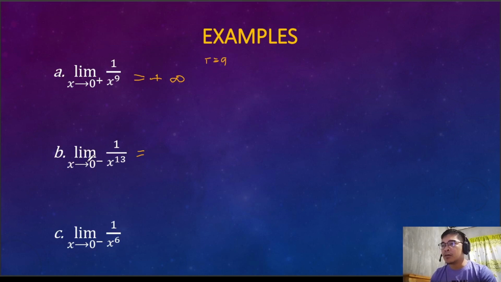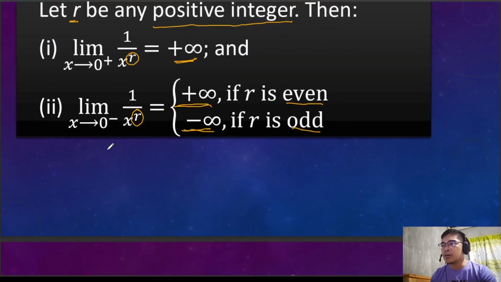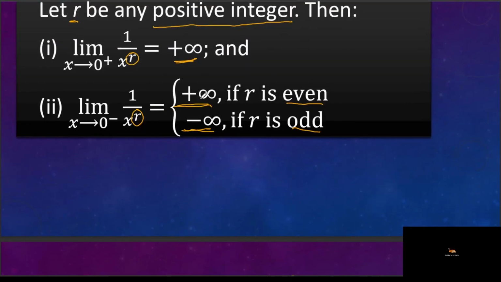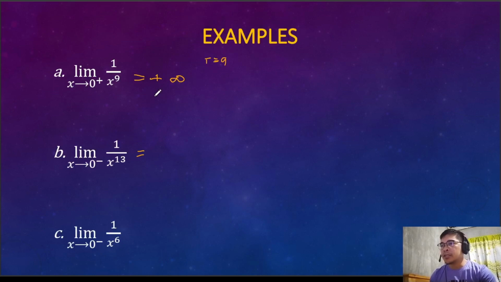Okay? For the second one, limit of 1 over x to the power of 13 as x approaches 0 from the left. So we have two conditions. Take note. Pag atong r is even, we have positive infinity. If it is odd, we have negative infinity. So here, limit of 1 over x to the power of 13 as x approaches 0 from the left. So our r is 13, which is what? An odd.